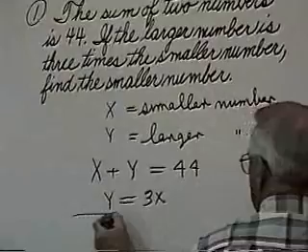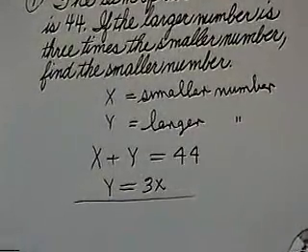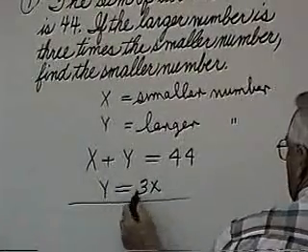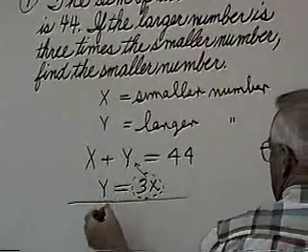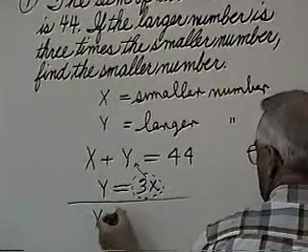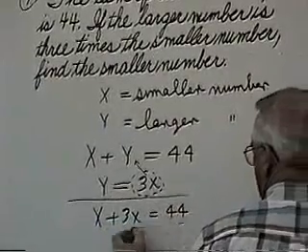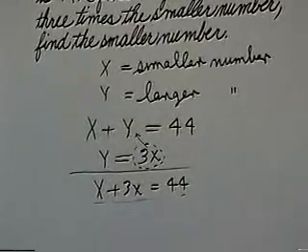Now we have two equations and two unknowns to solve. How do you solve those? Well, this is a substitution method. You already have the y equals right here, so let's place that in there. So we have x plus 3x is equal to 44, and if you notice, we're back to the same problem we've previously worked.